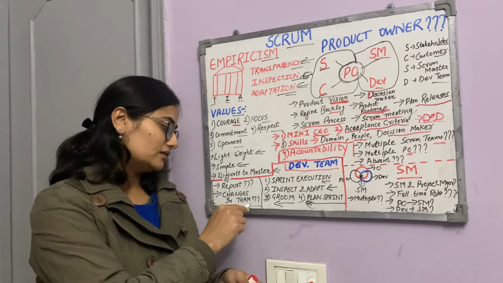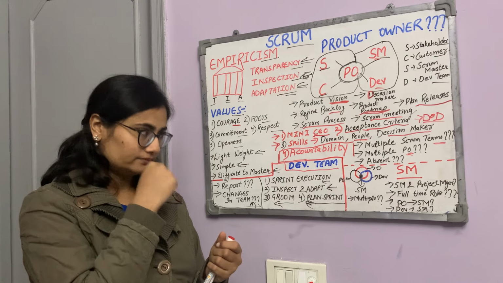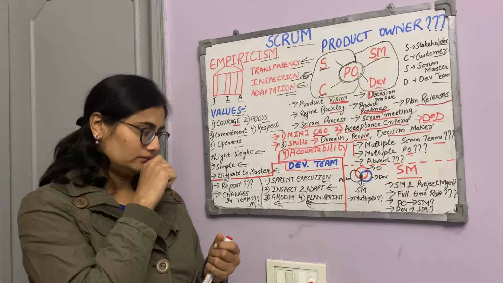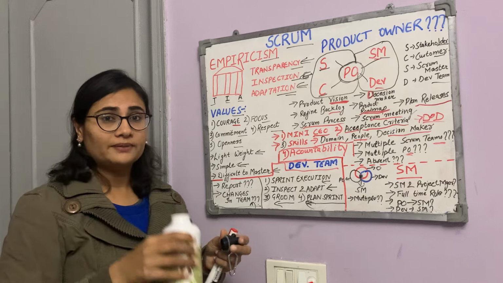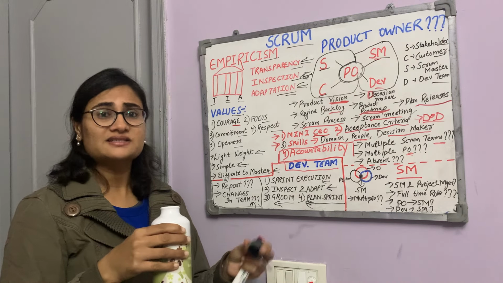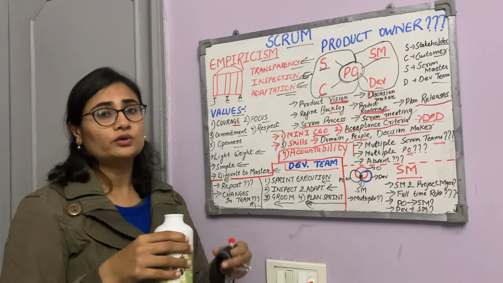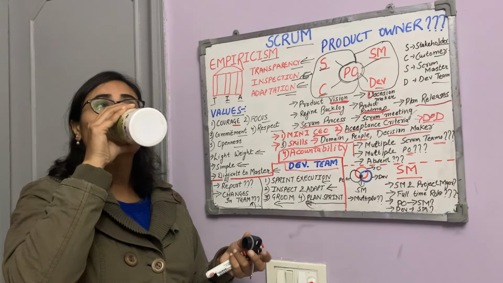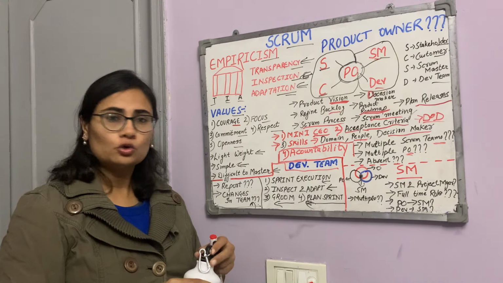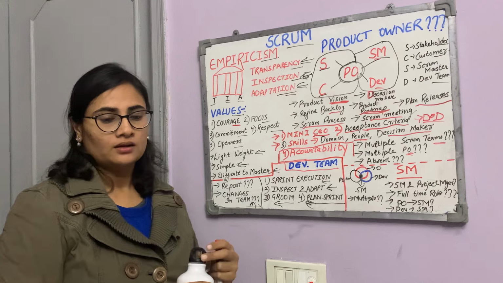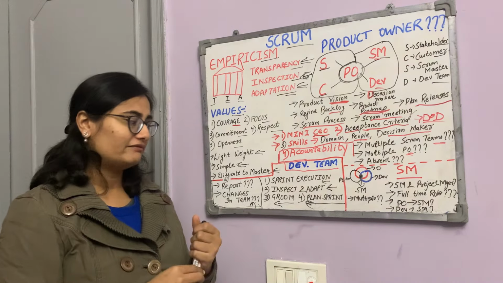Then the other question which we have is, can we change the composition of the development team while a sprint is going on? There is no rule defined in terms of changing the composition of the development team.